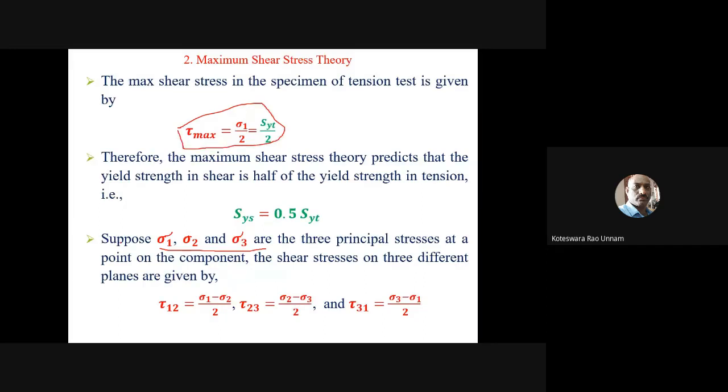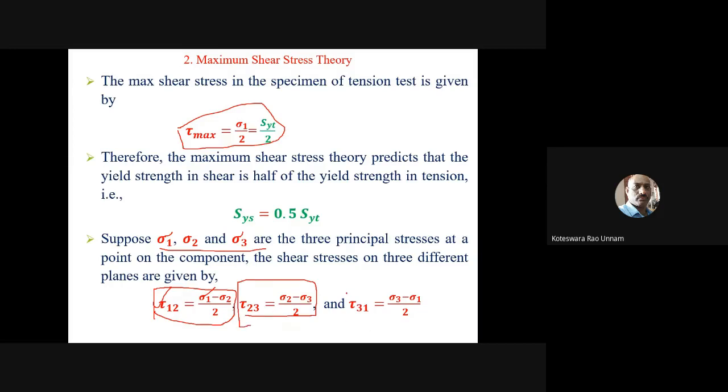So for that, we need to calculate the shear stresses. Here we already know the expression for the maximum shear stress. If sigma 1 and sigma 2 are there, it is sigma 1 minus sigma 2 by 2. This is the maximum shear stress in the tau 1, 2 plane. Similarly, you have a maximum shear stress in the tau 2, 3 plane, that is sigma 2 minus sigma 3 by 2.